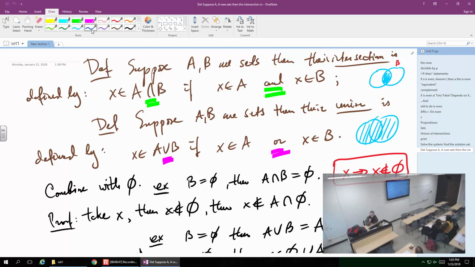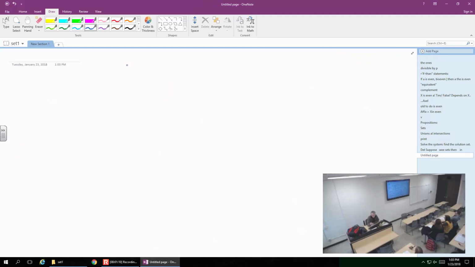But we also remember that it in fact corresponds to logic, right? So if I take these two definitions, I could write them slightly differently. Just remember, x belongs to A and B if x belongs to A and belongs to B. So how would I write it out?